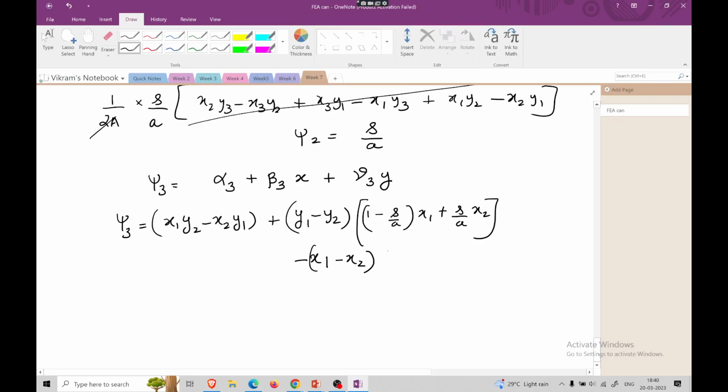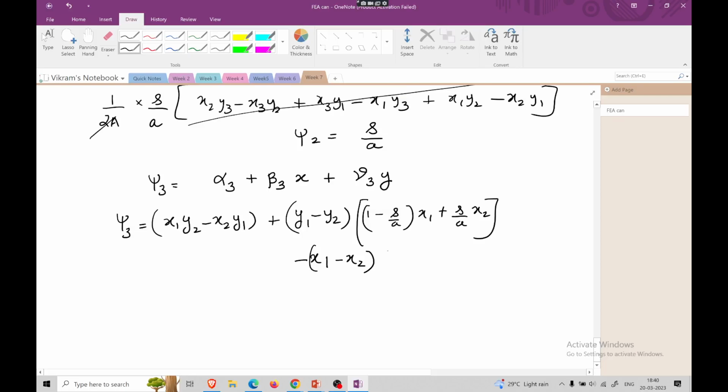Then here it will be minus 1 minus s by a of x1 y1 plus minus s by a of x1 y2 plus 1 minus s by a times of x2 y1 plus s by a of x2 y2.